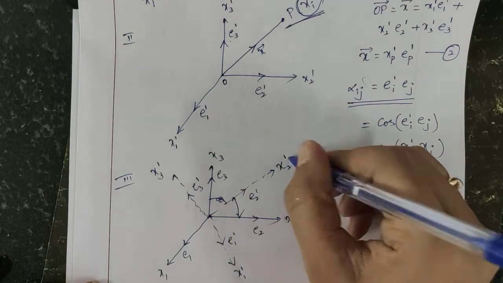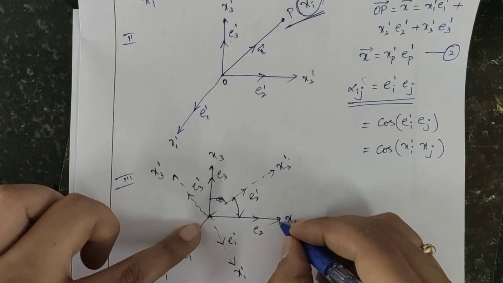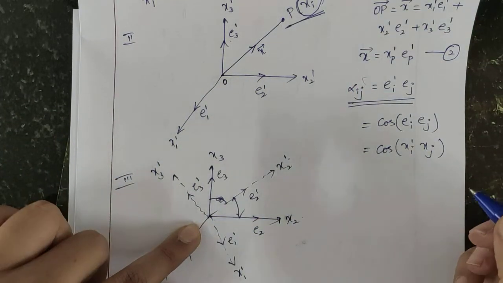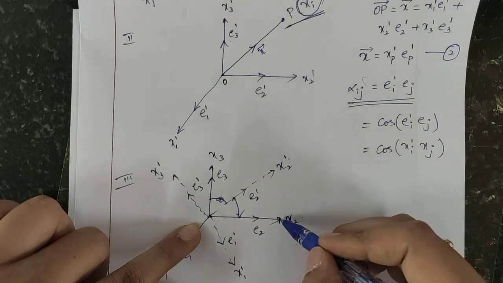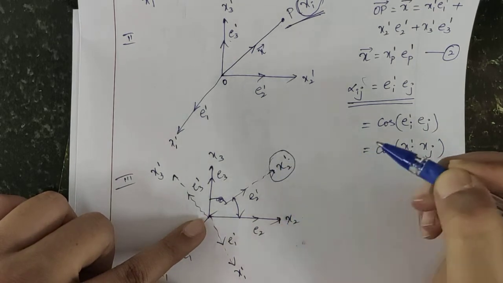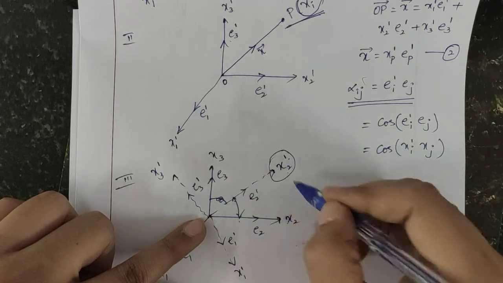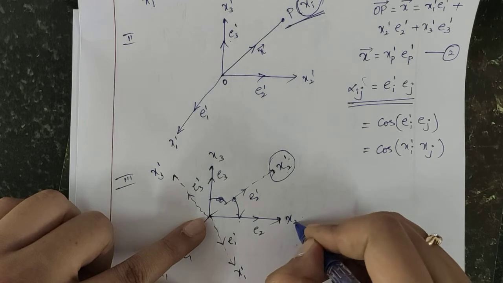You can observe here x2 prime x2. Before, in the first configuration, this was the position of x2. After transformation, your x2 shifted to this position, and this position I am denoting as x2 prime. So there is an angle difference between x2 prime and x2, right?